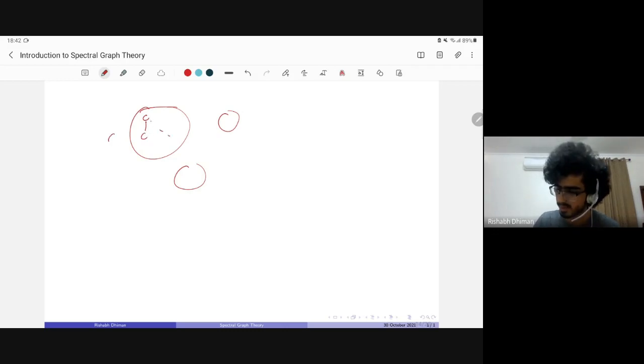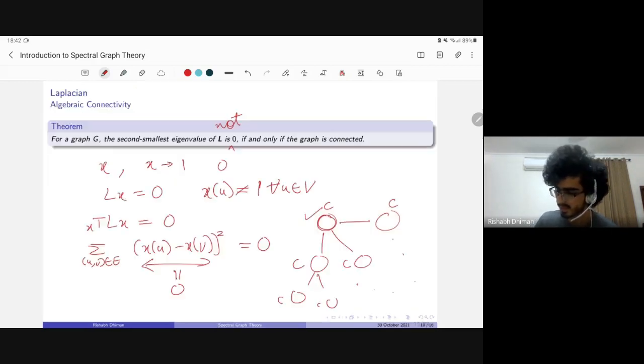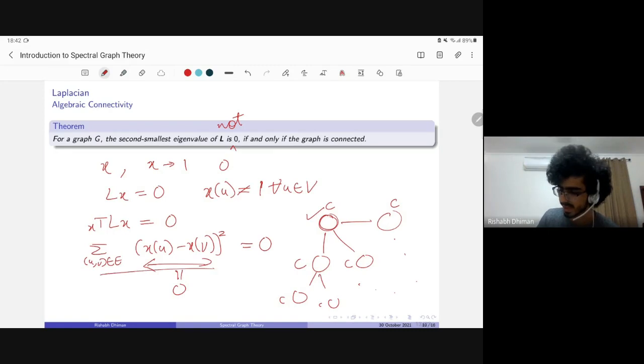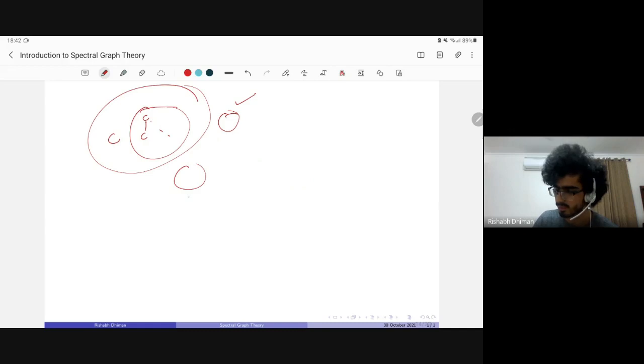So everything in this connected component ends up having the value c. And since this sum only talked about edge relations, you are free to choose whatever values you want for other connected components.